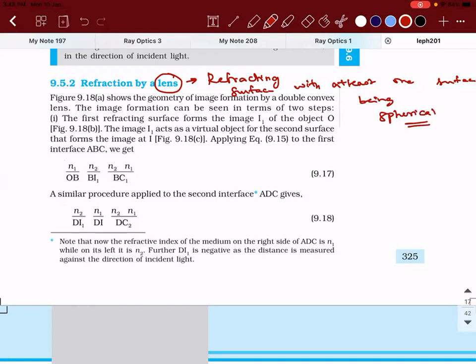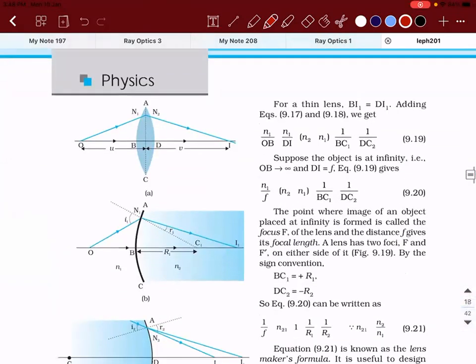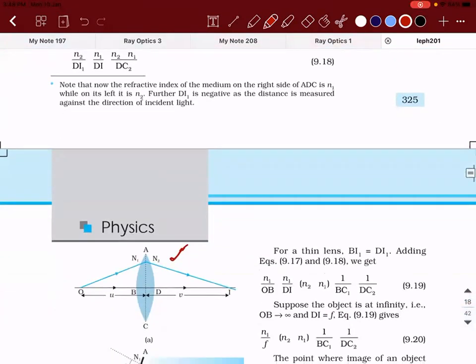So if someone asks you what a lens means, a lens is basically a refracting surface where at least one of the surfaces is spherical. It is not necessary that both the surfaces are spherical. Having this in mind, we will see how the refraction is taking place at this kind of a lens. Shall we get started?